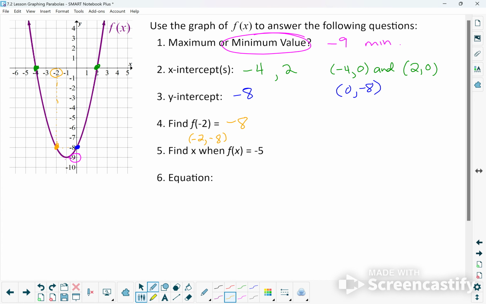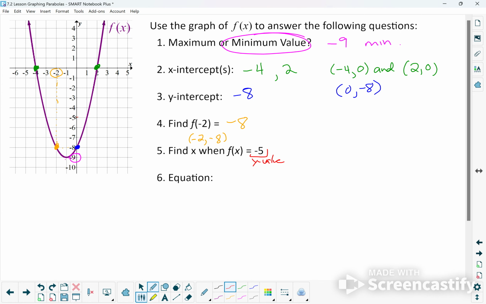Question 5 is different from question 4. Question 4 asked us to find the y value that went with an x value of -2, but question 5 is saying, can you find x when f of x is equal to -5? So our -5 here is a y value, and we're looking for the associated x values.